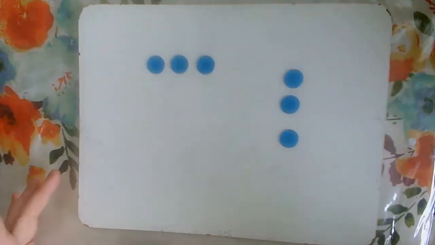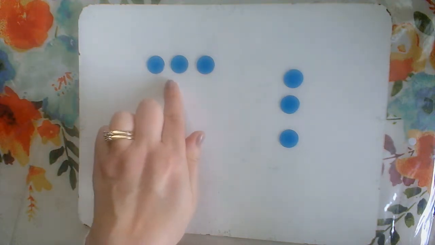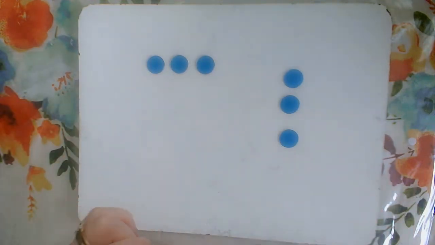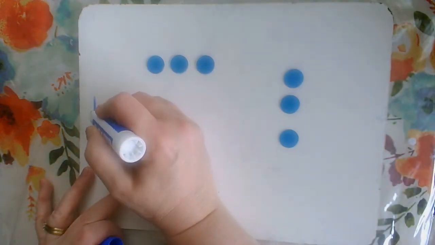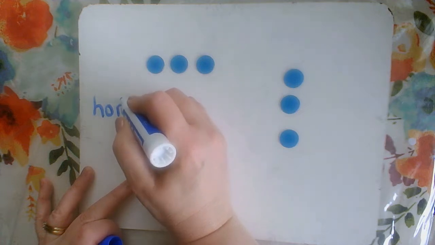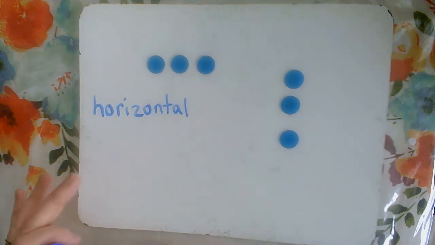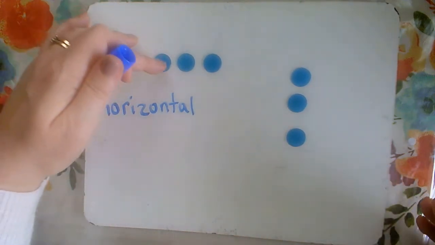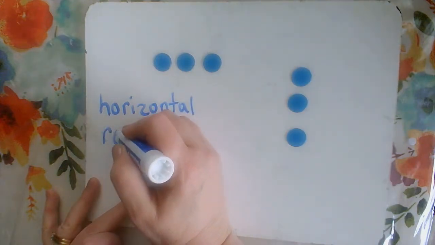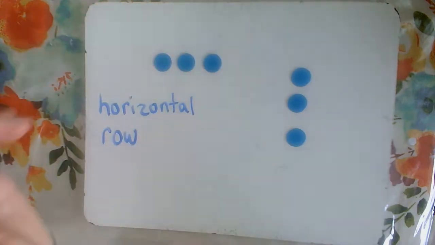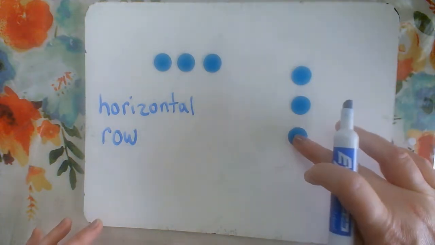Okay, so here we go. If you look at these counters here, they are going across. And remember, our math word for across is horizontal. So that's going to be an important word that we use. Horizontal. And when we have a horizontal line, it's also called a row. Rows go across. We can also have what looks like a row going down.